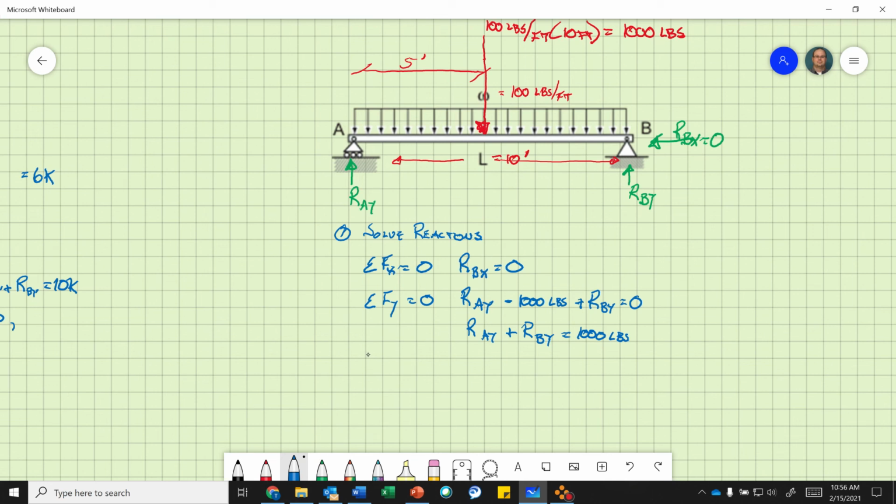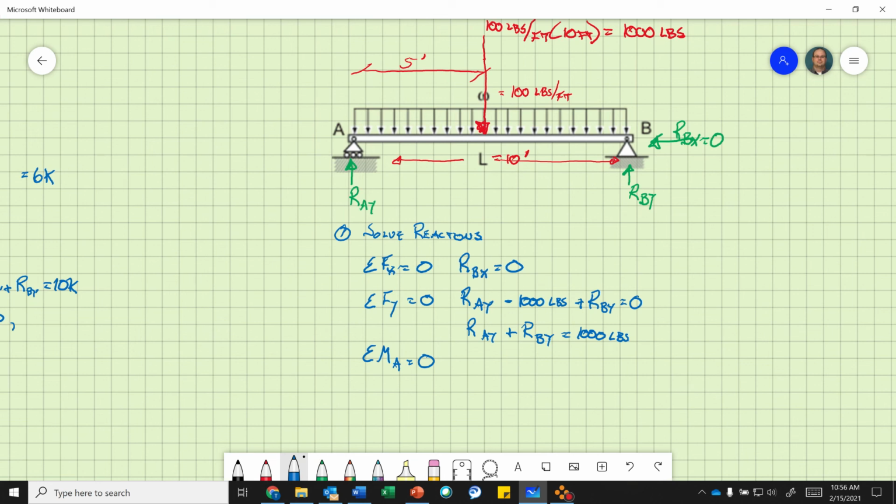Okay, sum of the moments at point A has to equal 0. I have not cut the beam, so I'm using the original sign convention. So we have 1,000 pounds.